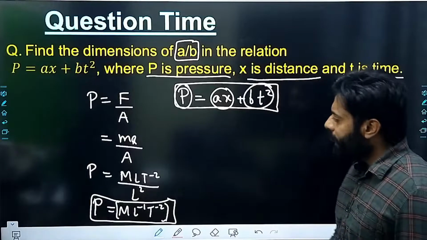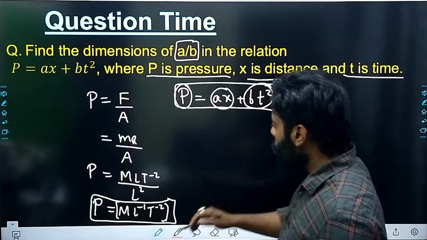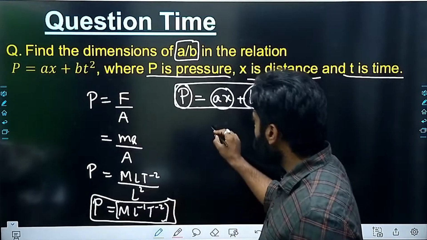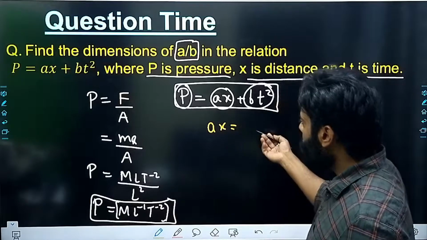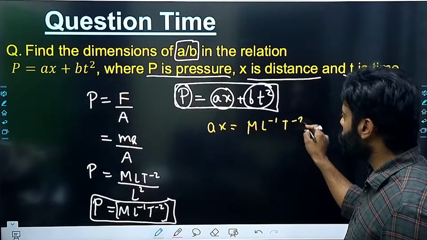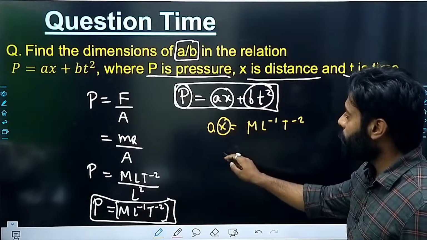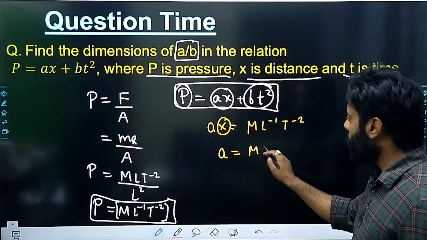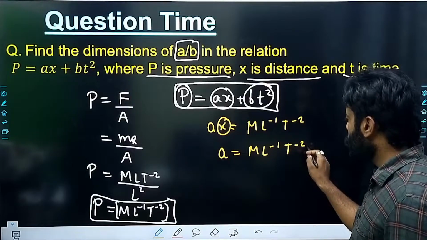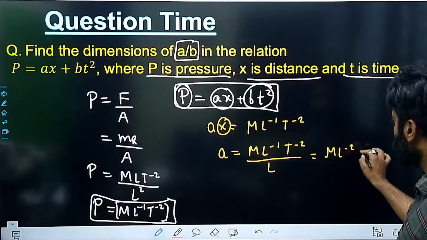Now I can easily find the dimensions of A and B. The dimensions of AX must be equal to ML minus 1 T minus 2, and X dimension is length. So the dimension of A is ML minus 1 T minus 2 divided by length, which becomes ML minus 2 T minus 2.